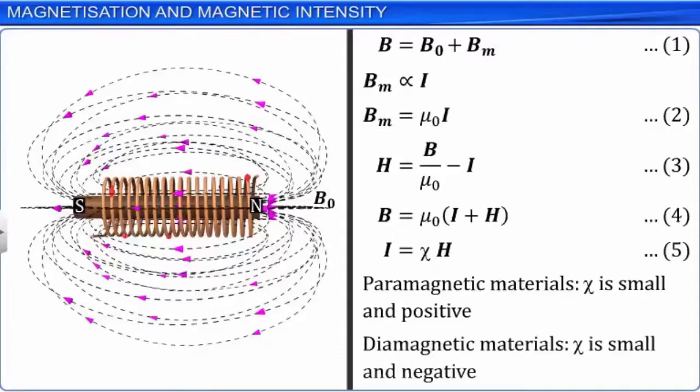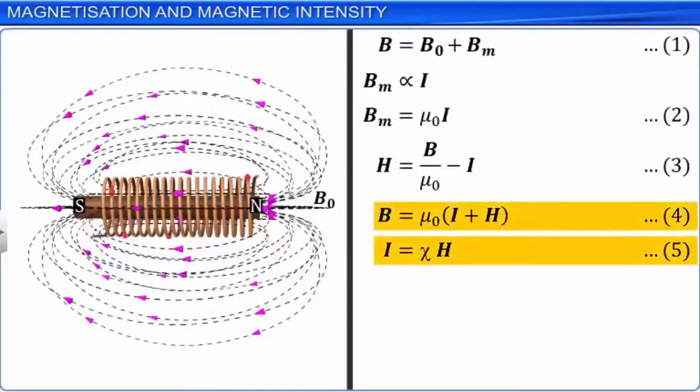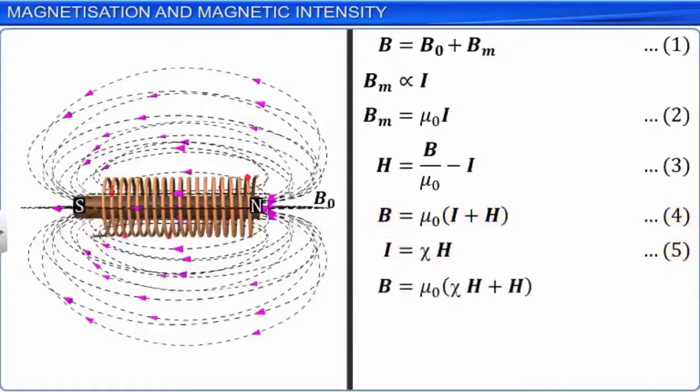But the magnetic susceptibility and relative magnetic permeability are related as mu R = 1 + chi. Hence, in place of 1 + chi, we can write mu R, and we can further write equation 6 as B = mu0 mu R H. Let this be equation 7.